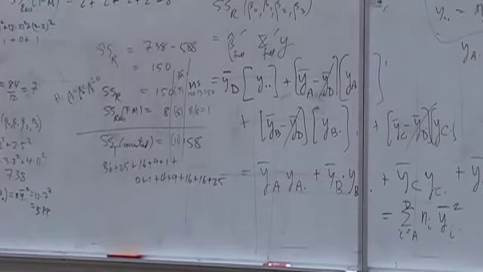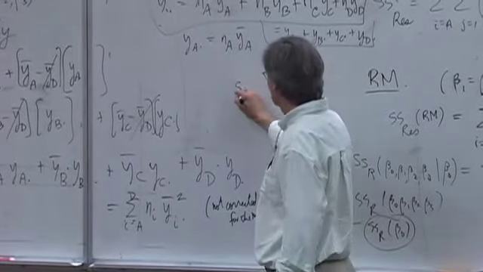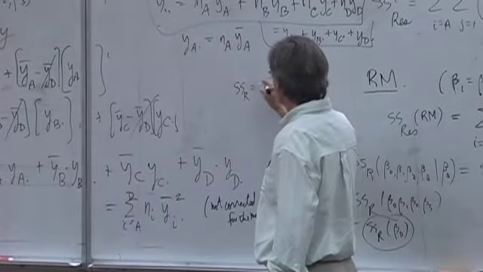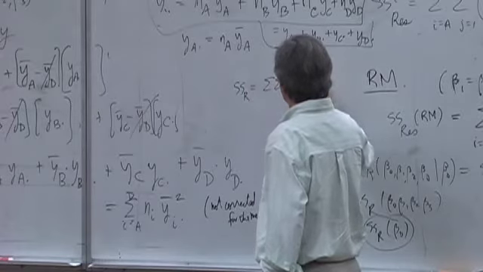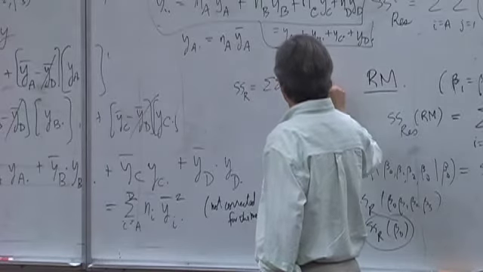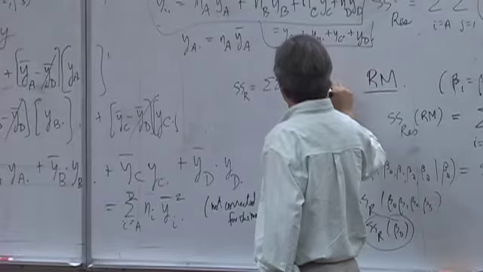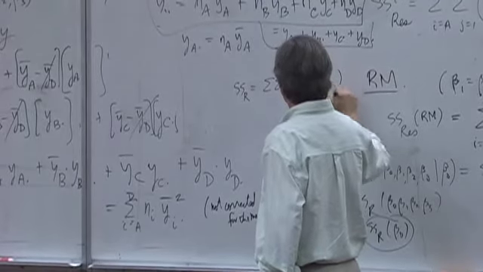Well, anyway, that's how you do it. So I guess there's not a whole lot of difference except, what is SSR? The formula for it is the summation of n_i times (y_i dot bar minus y double dot bar), squared.